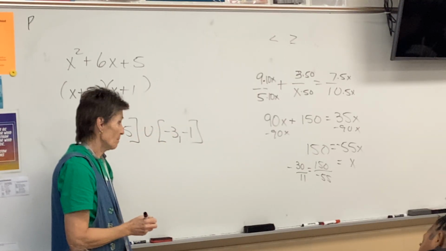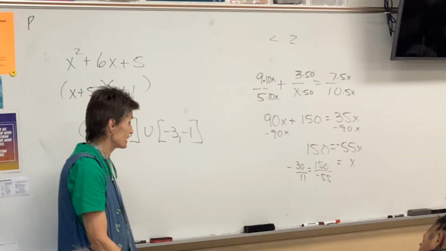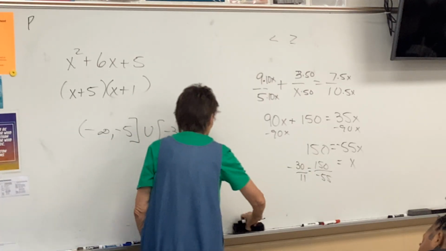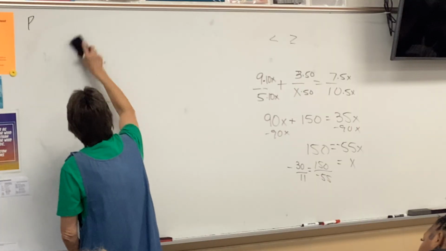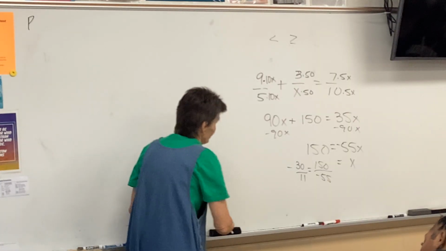Some of you are going to type that in on your calculator. It's not as good to type it in, but you need to type it in and do that.